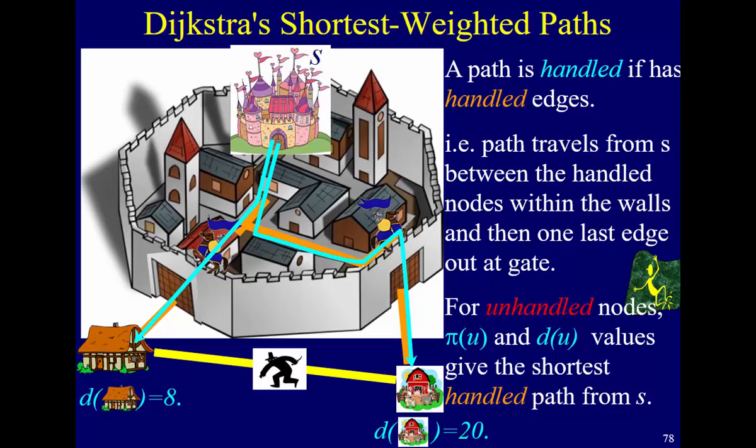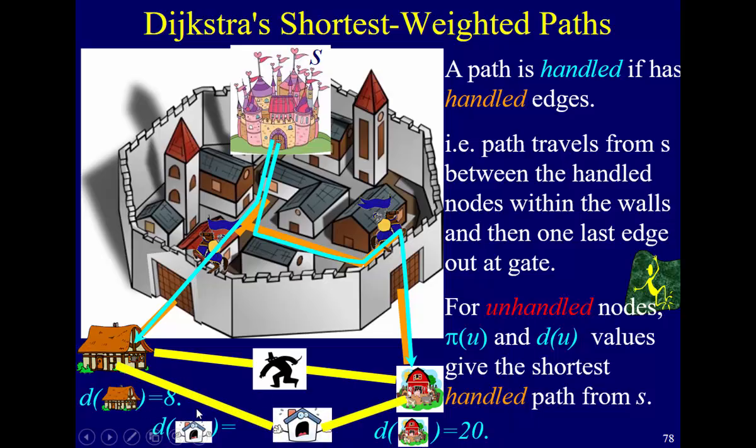All right, here's an example. This path is of length 8. This path is of length 20. Now, what about this poor guy down here? What's his d value? Is there a handled path to it?